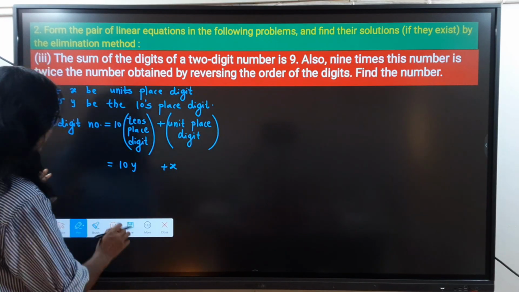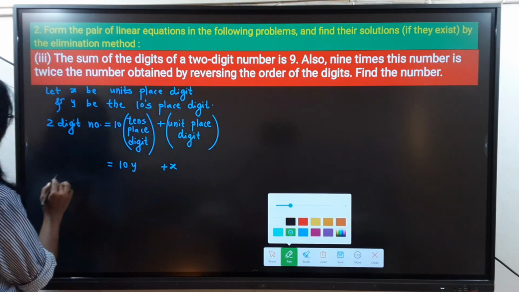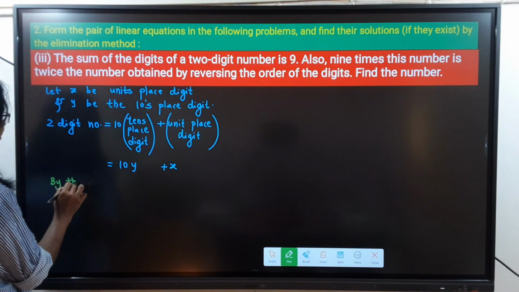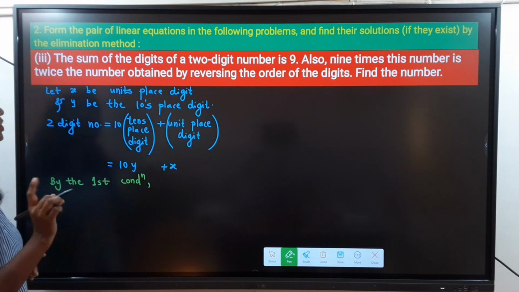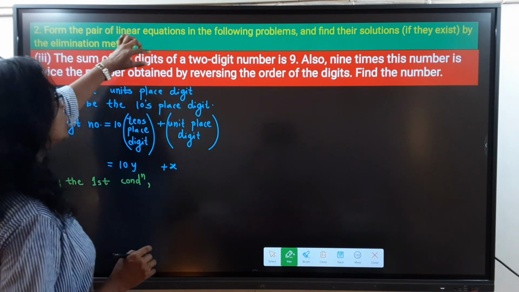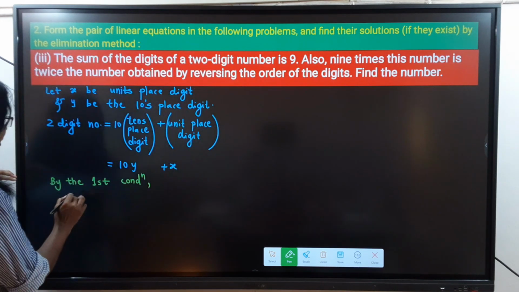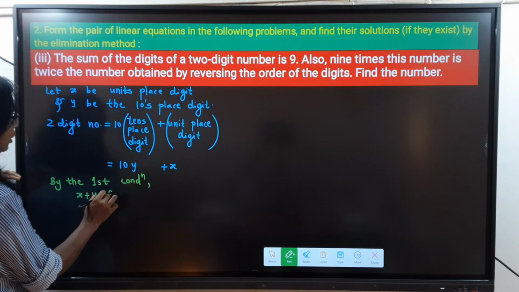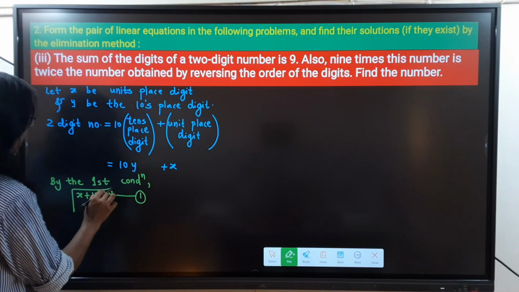Okay, now apply the first condition. By the first condition, the sum of the digits of a 2-digit number is 9. Sum of the digits, so that means x plus y is equal to 9. Call it the first equation.